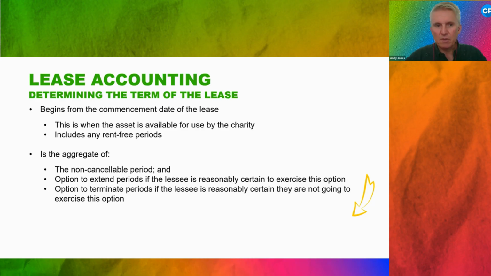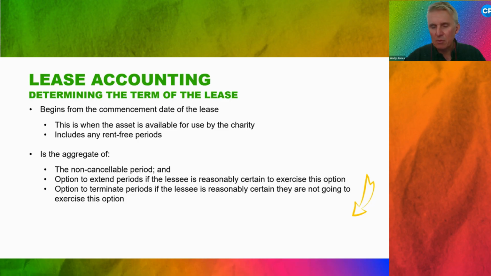First of all, you've got to factor in any immediate non-cancelable period under the lease. But then if there are options to extend, or break clauses, you've got to apply this reasonable certainty test. At the time you've entered into the lease, although there's a break clause after 5 years and perhaps another 5 years, what's your original intention? What are you reasonably certain about?